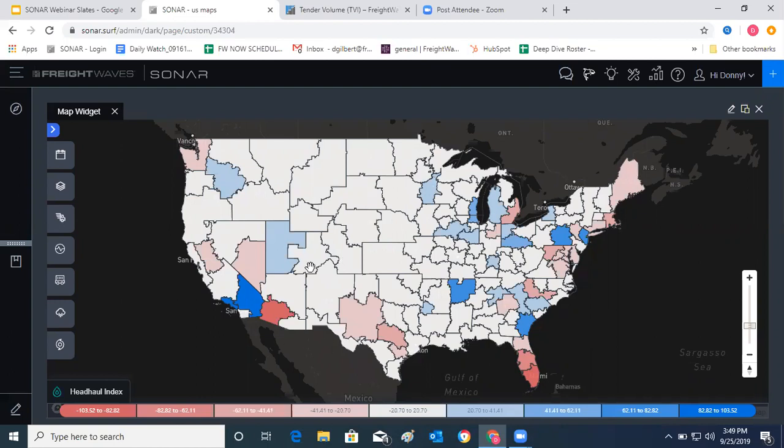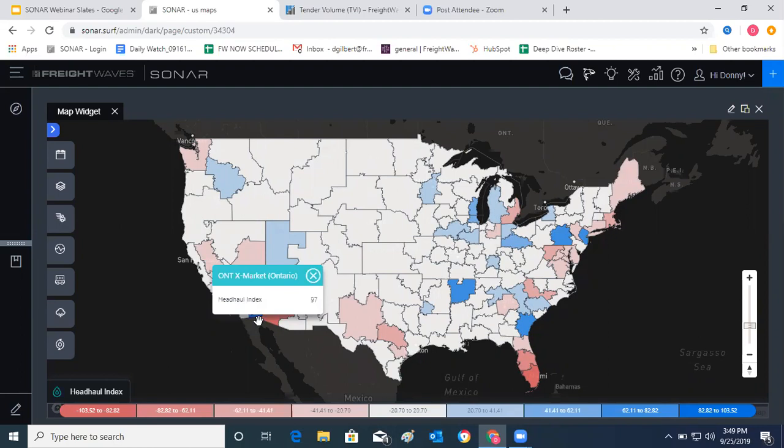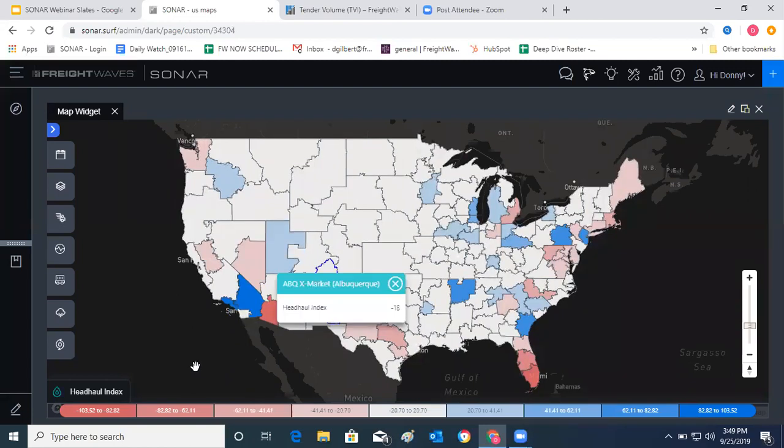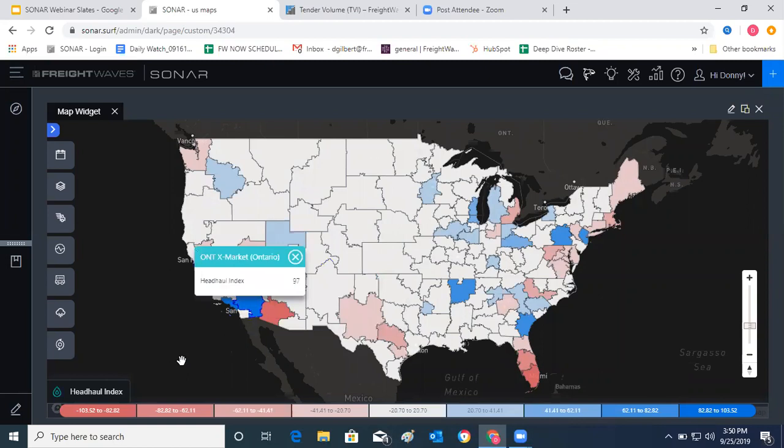If you have a blue market that's surrounded by other blue markets, that means there's a lot of outbound loads in that area and fewer trucks. There's probably going to be markets that are not going to be deadheading their trucks out of other markets because there's plenty of freight for them in those markets. So understand what's going on. And of course, capacity has a great deal of an effect on what goes on with our rates day to day.